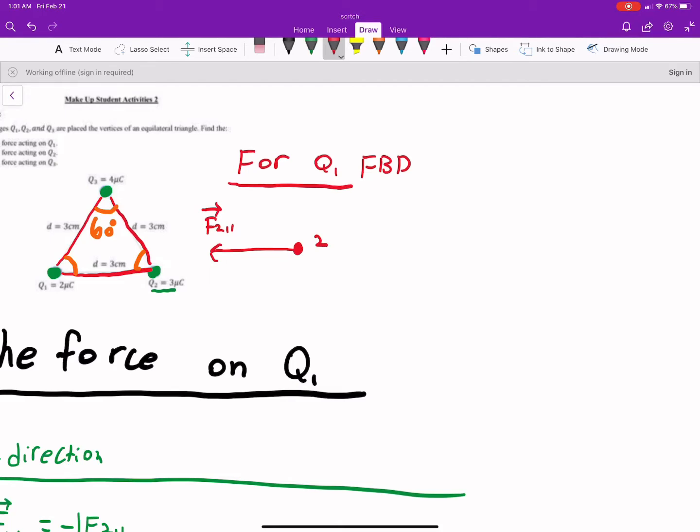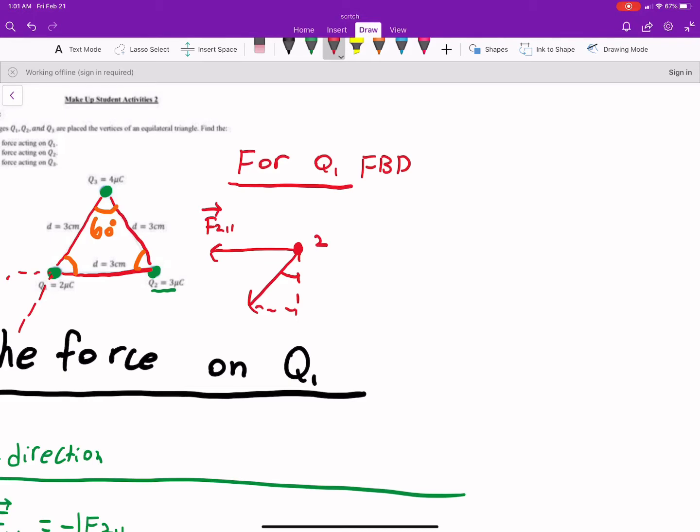Now, charge 3 comes at an angle, right? They're all like charges, so this is going to push it away. That's going to push it away. Now, what angle is this right here?